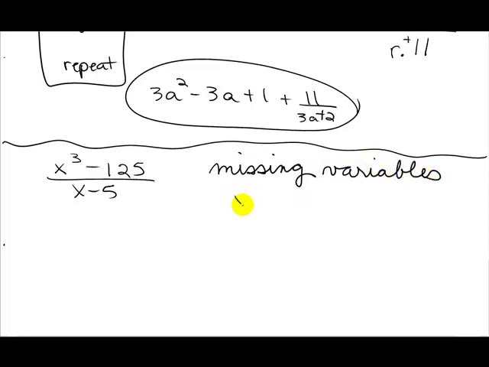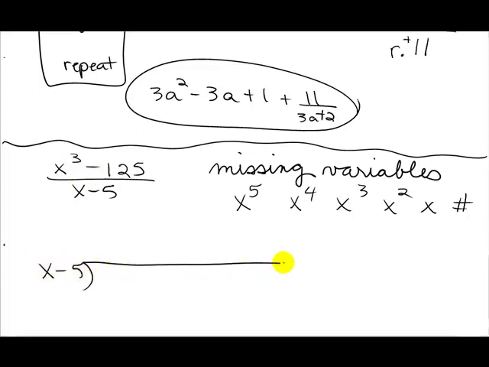So if a problem starts with x to the 5th, you've got to have x to the 4th, x cubed, x squared, x, and then a number. So what we've got here is I have an x cubed. I've got that constant number, but I don't have an x squared and an x. So when I go to do my division, I'm going to put them in there.